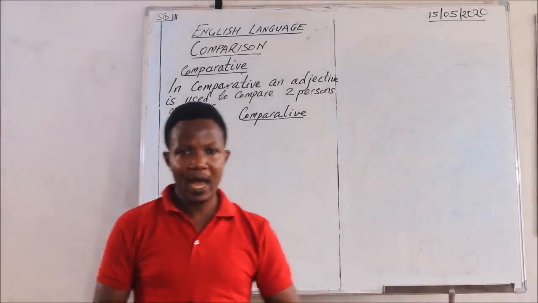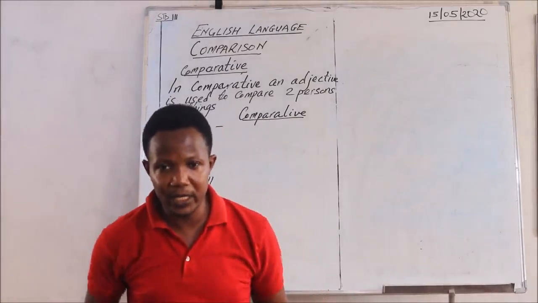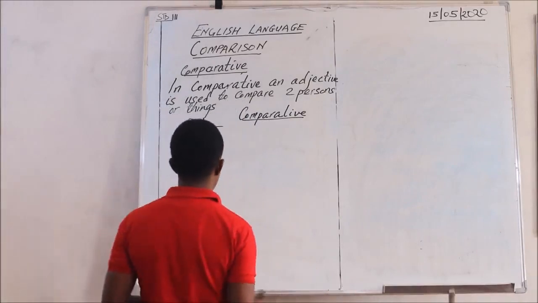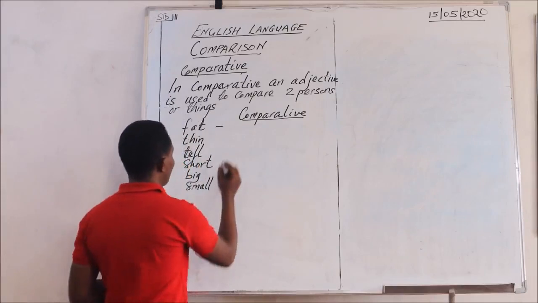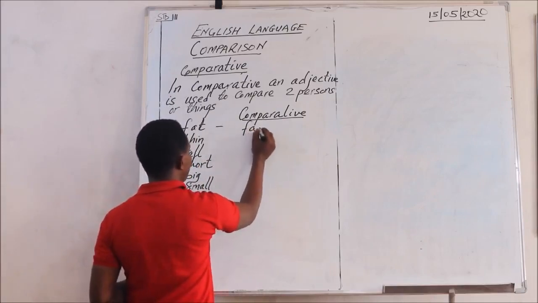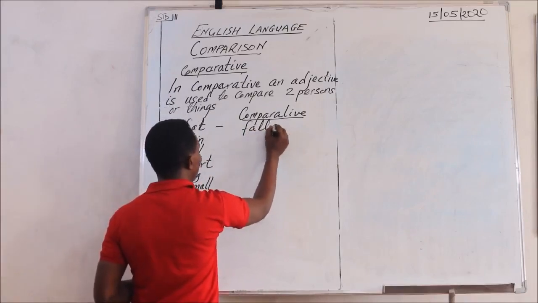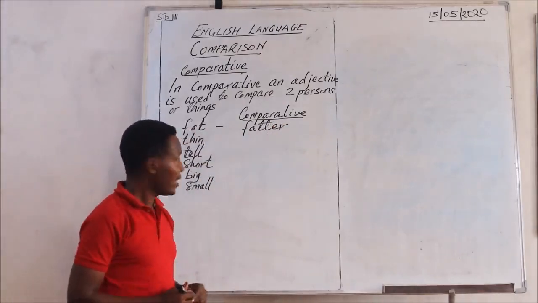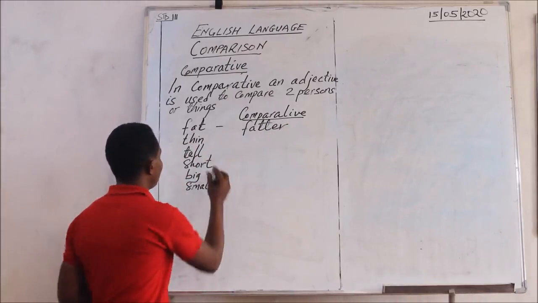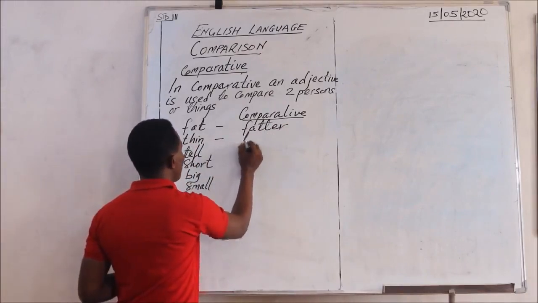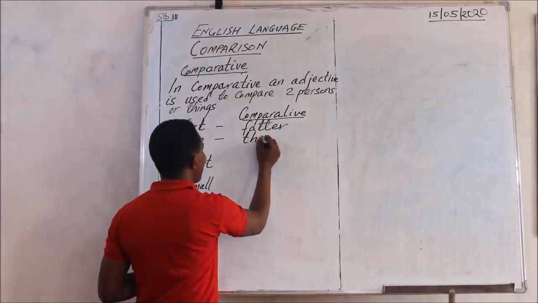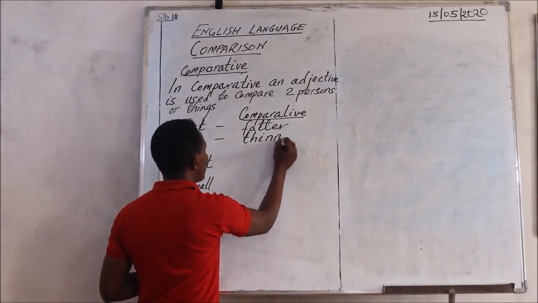Most of the adjectives form their comparative by adding er. Let us see now how to add er. Fat becomes fatter. Thin, when we form it into comparative, becomes thinner.